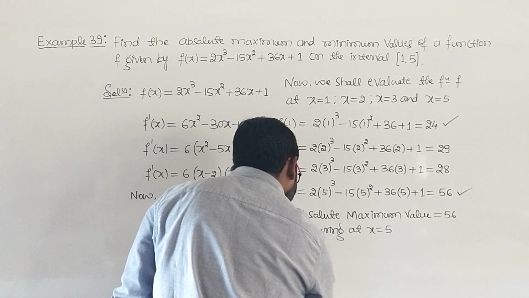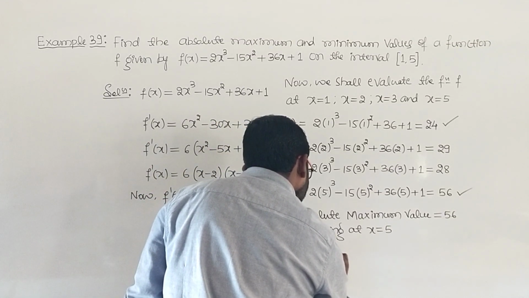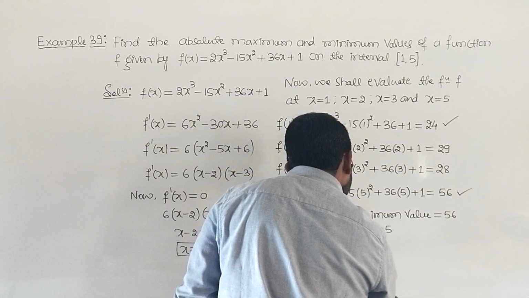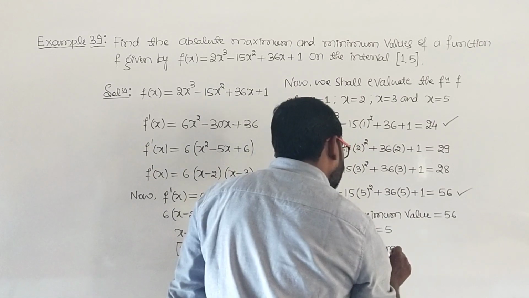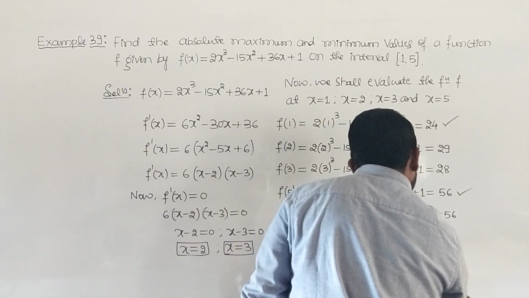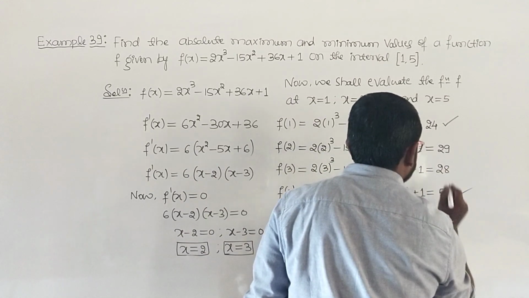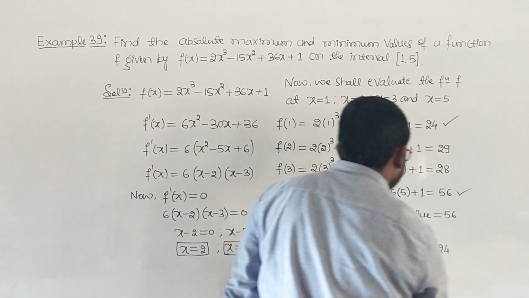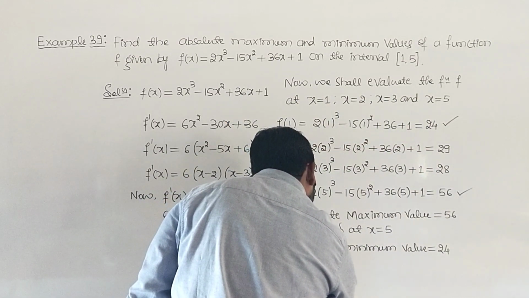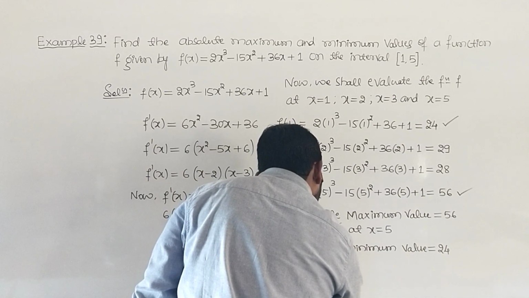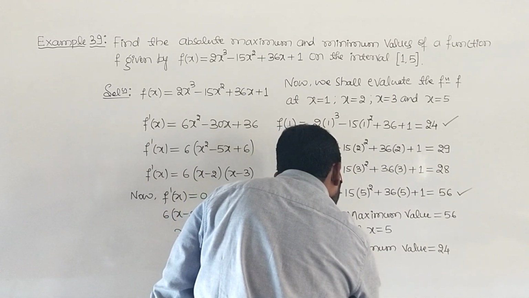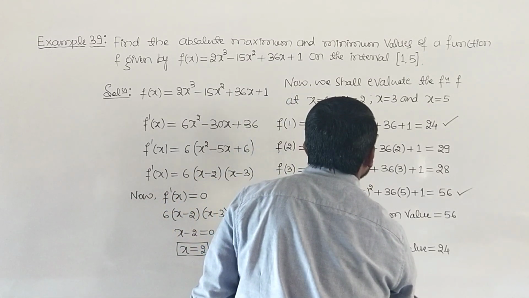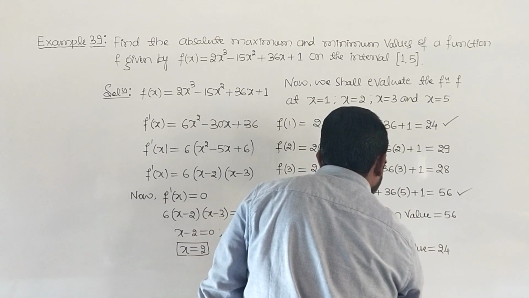The absolute minimum value is the lowest, the least value, which is 24, occurring at x equal to 1.